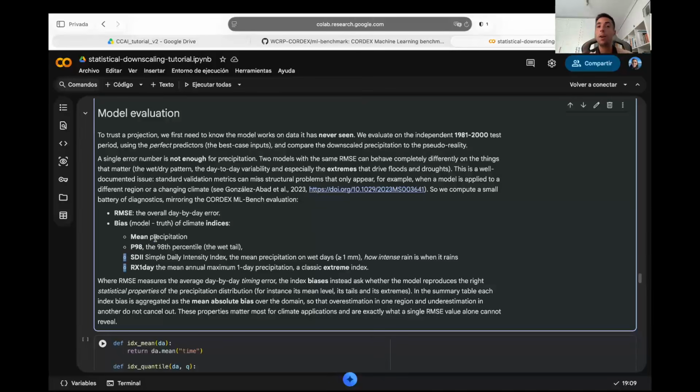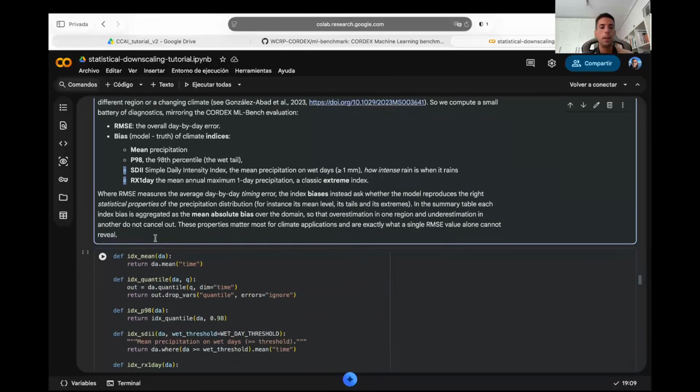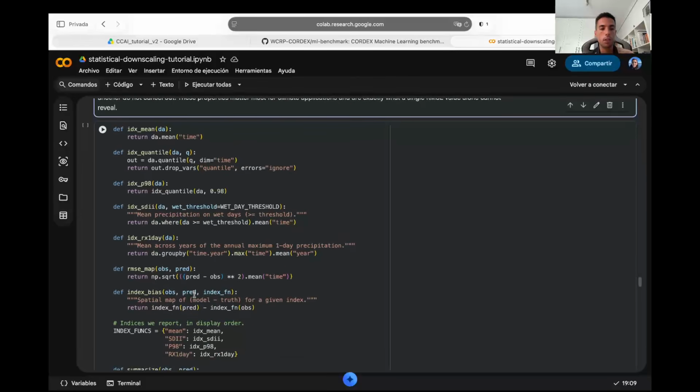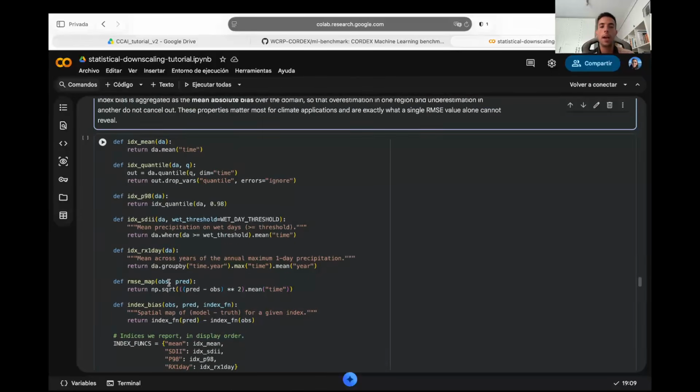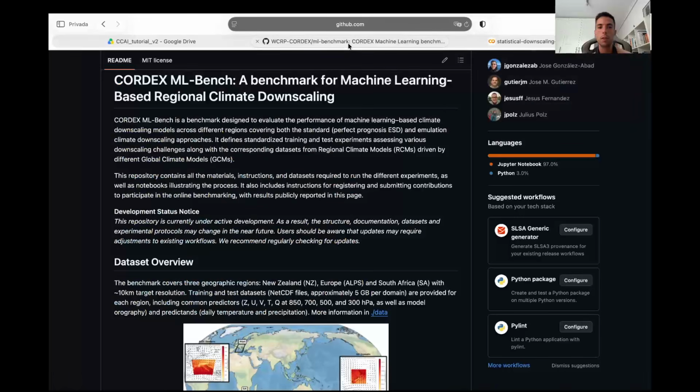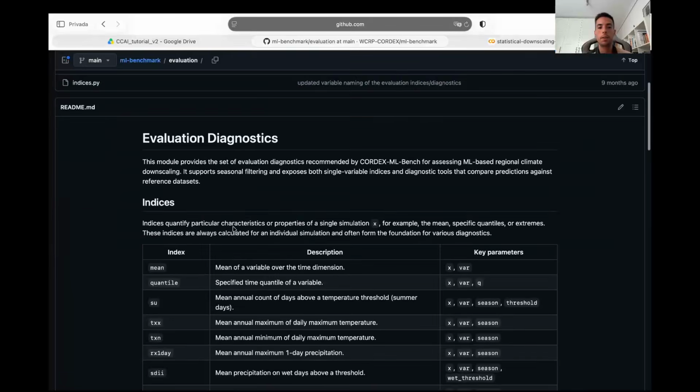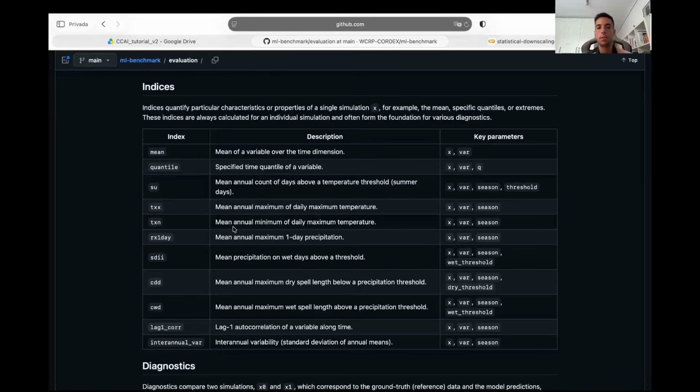So in that case, we are assessing the model regarding that extreme. We can see how we have to assess deep learning models not just for the mean state, but also for extremes. We have to be really careful with the evaluation. Here you can see some examples of how we can define these diagnostics. Again, if you would like to get a broader picture of what kind of evaluation diagnostics we use, in the benchmark you have a set of representative diagnostics that are being used across the literature, in case you want more details about the evaluation.